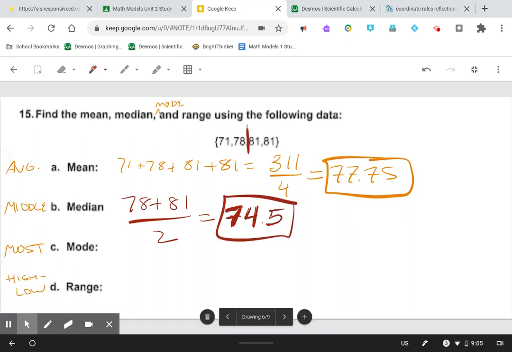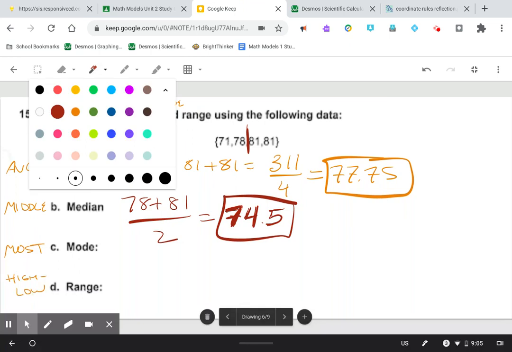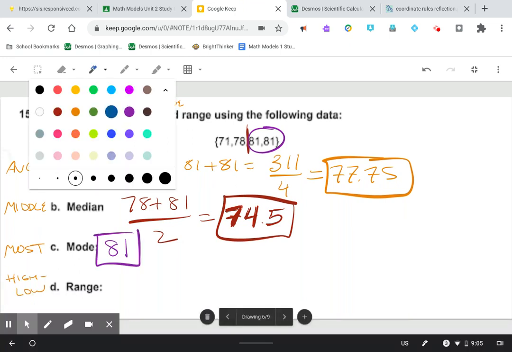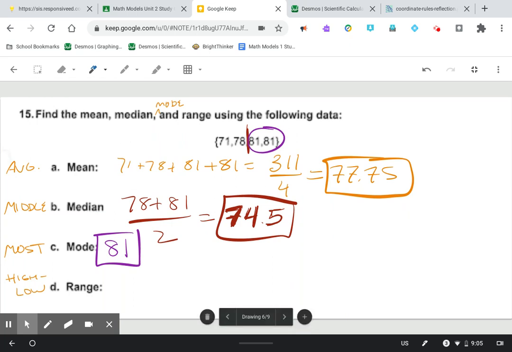All right. The mode is the number that appears the most times in the data. It's 81. 81 appears twice, so the mode is 81. You don't have to do anything more than that. Lastly, the range. You do the high number, which is 81, and you subtract the low number from it, and we get 10. So this data has a range of 10.